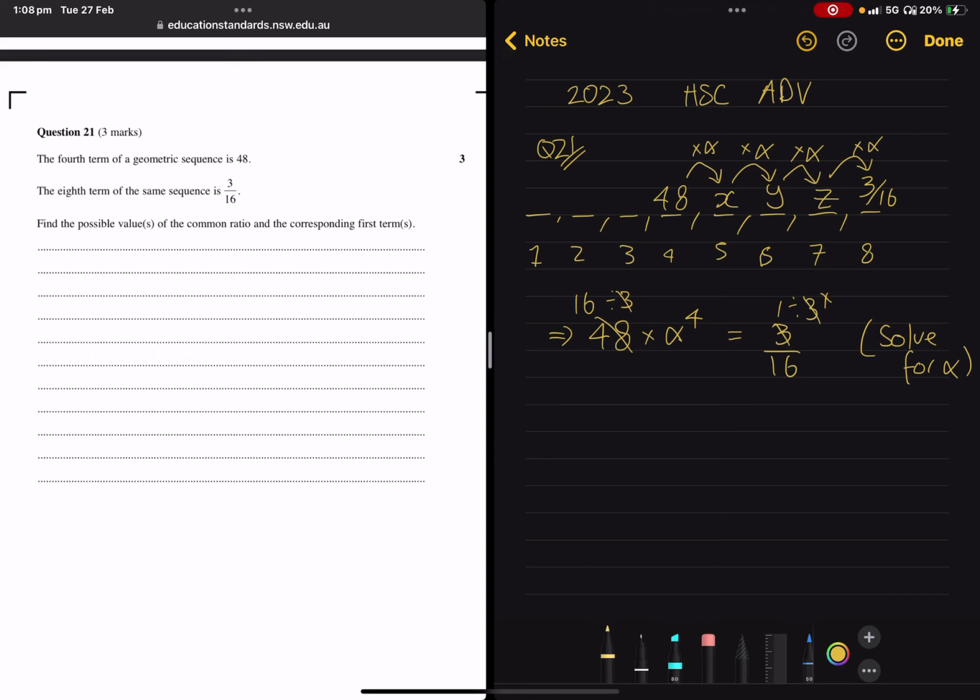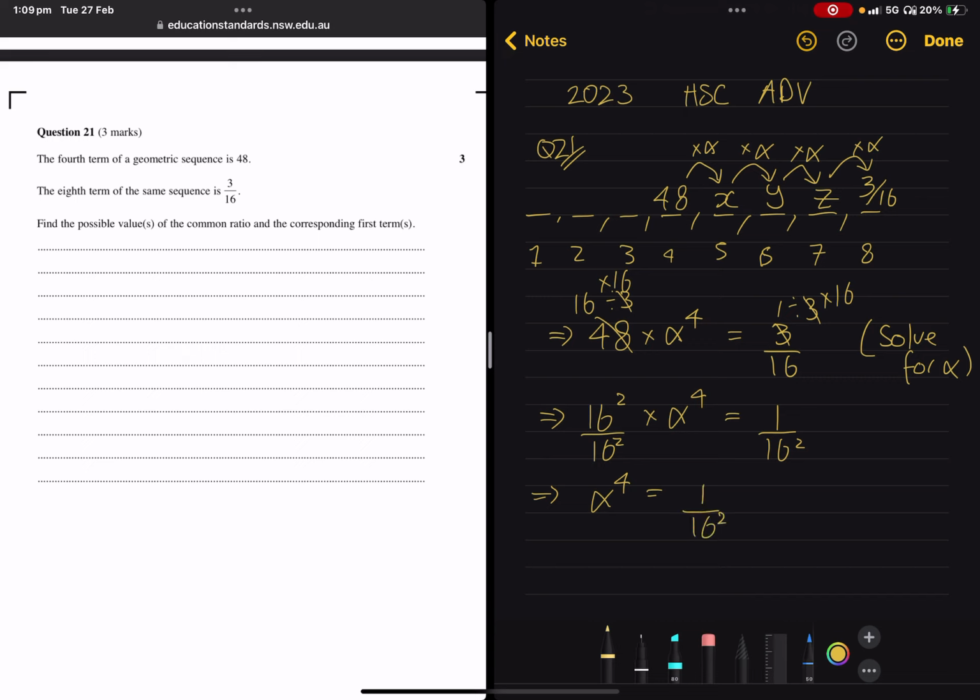Now I'm going to multiply both sides by 16. So this will give me 16 squared times alpha to the power of 4 is equal to 1. Divide both sides by 16 squared. This is going to give me alpha to the power of 4 is equal to 1 on 16 squared.